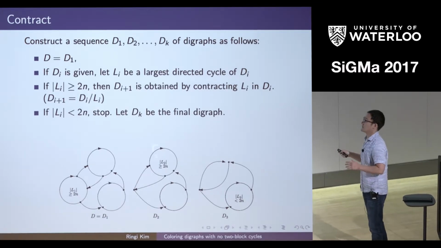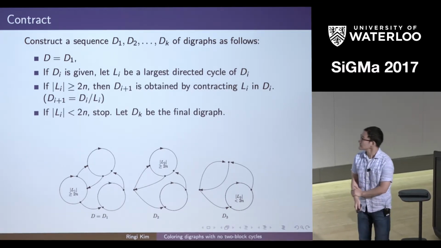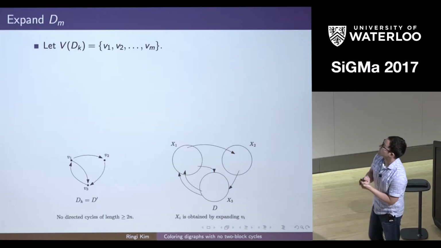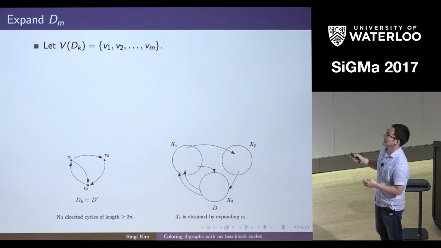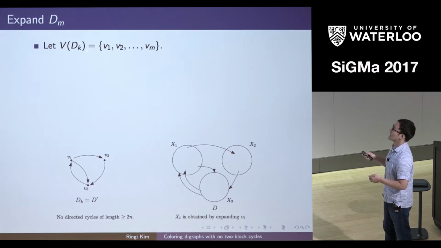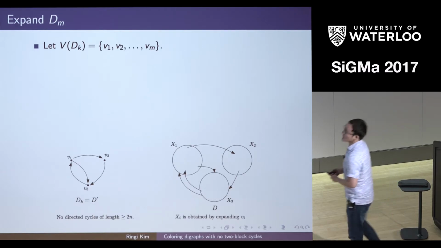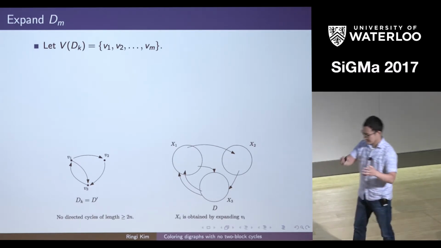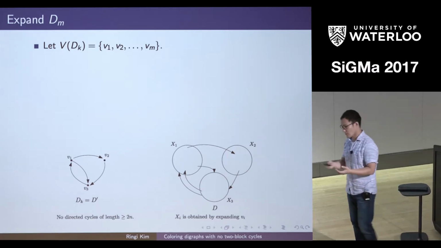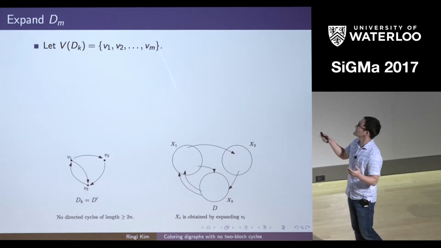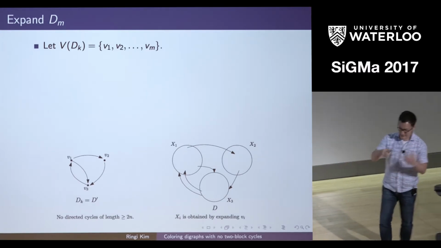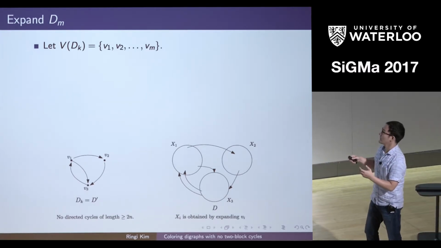And this is the final digraph. Okay, now we'll just look at Dk and let the set of vertices of Dk be V1 to Vm. Because we obtain Dk by a series of contractions, every vertex Vi is obtained by contracting some subset of vertices of D, right?